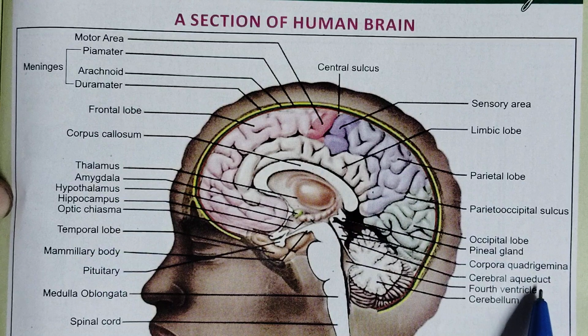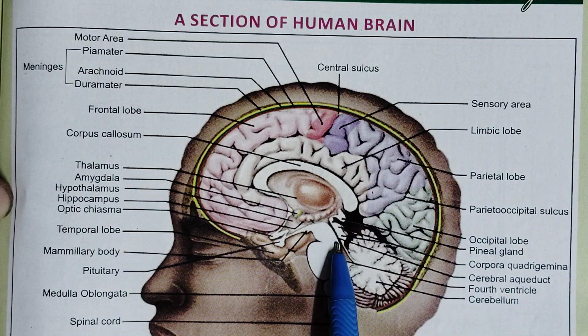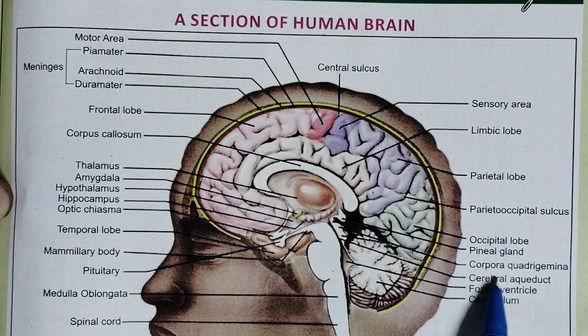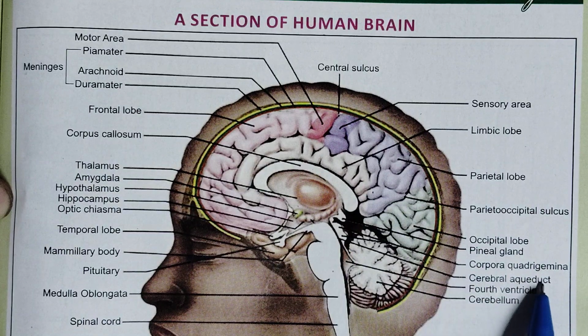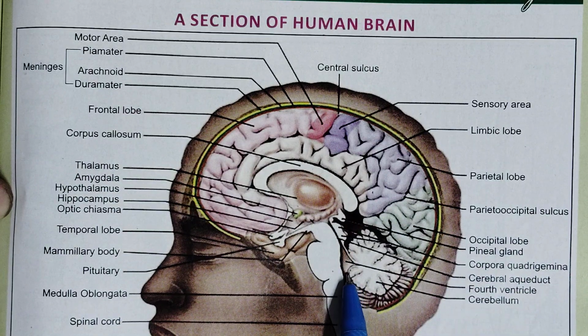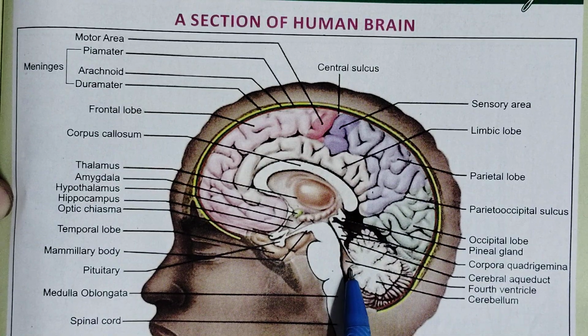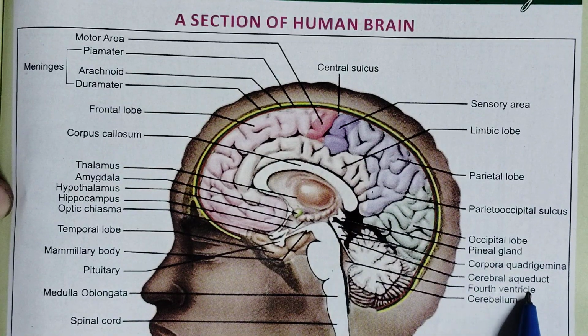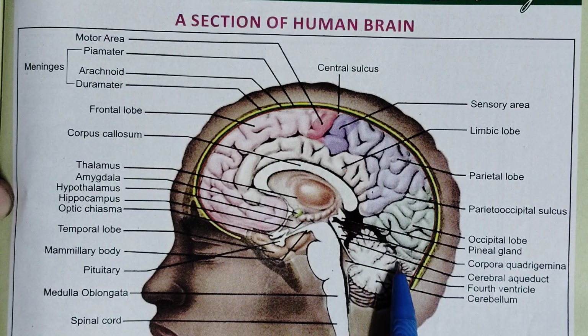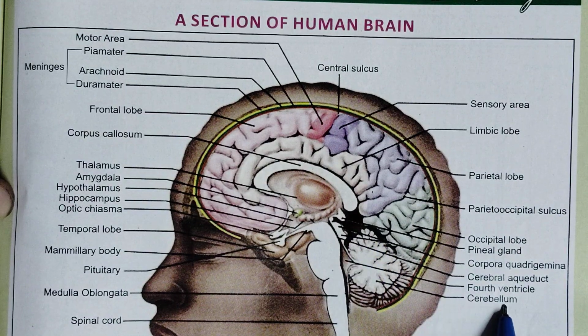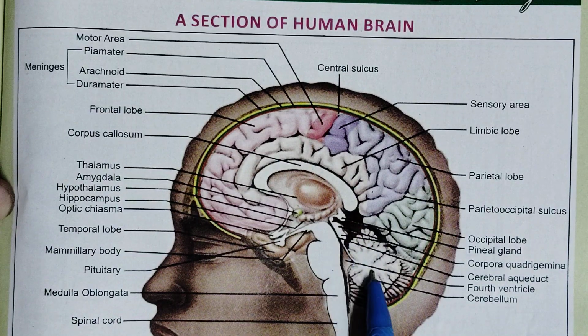Near it is the cerebral aqueduct. Below it is the fourth ventricle. And last, the small dimag, chota dimag, that means the cerebellum.